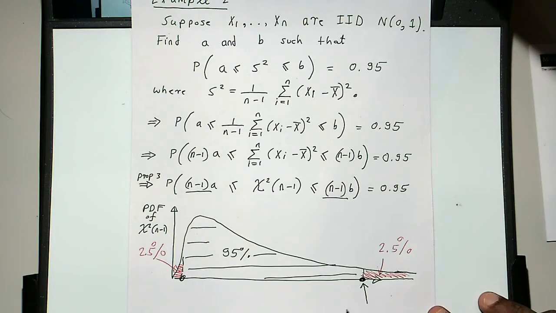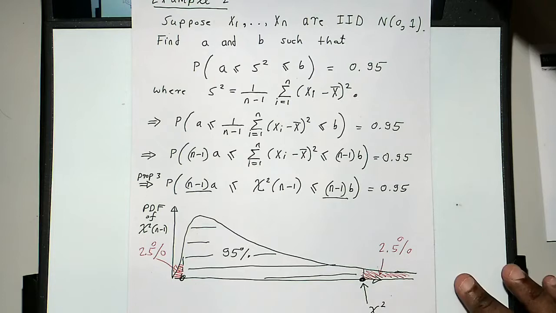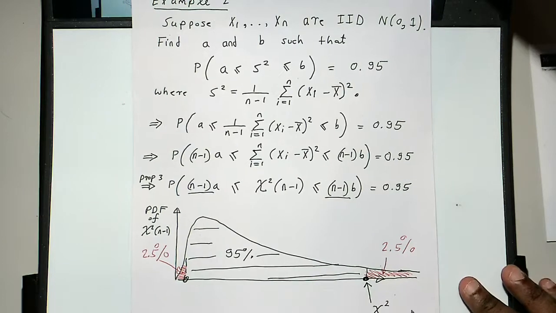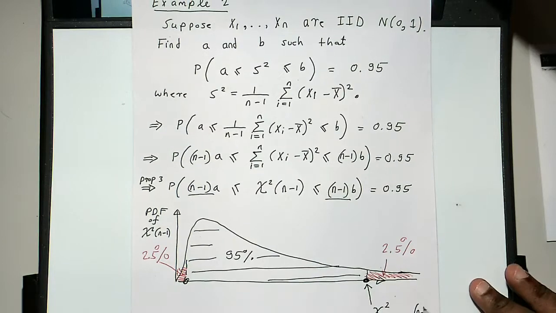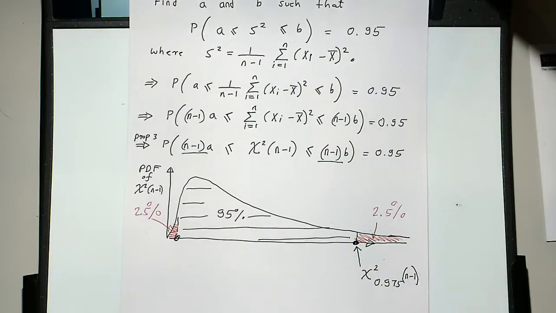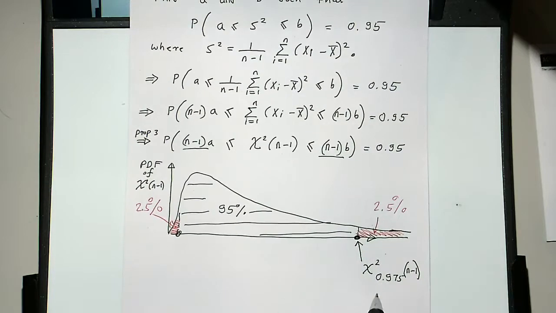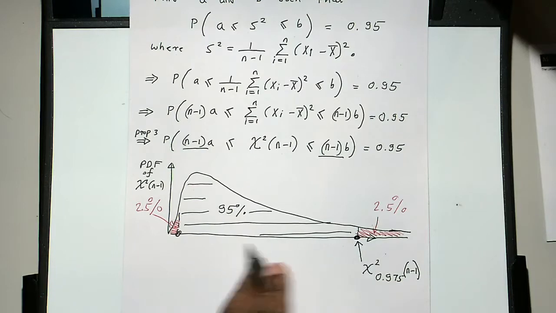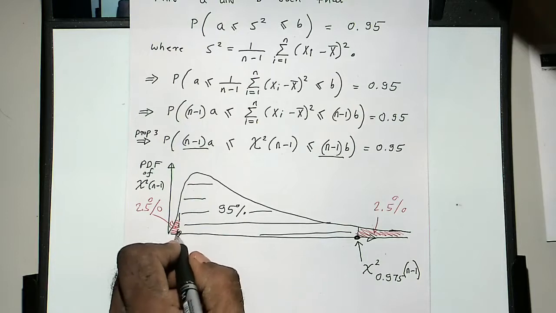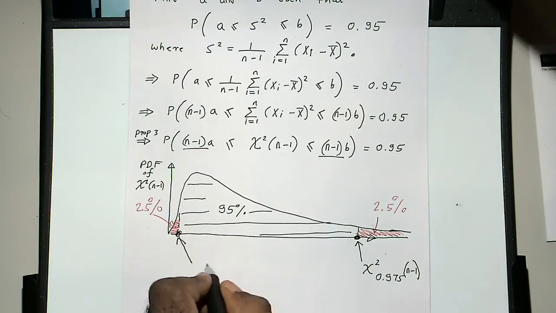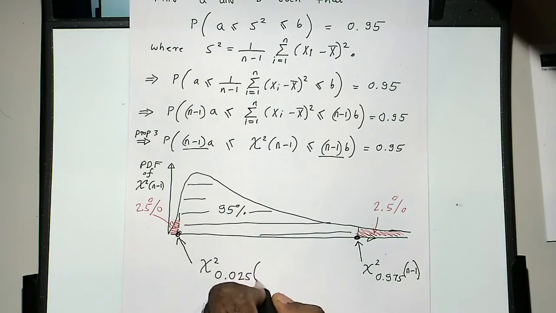So this point here should be, are you with me? This point must be equal to the percentile that corresponds to the probability of 0.975 to the right. Okay? And similarly, this point here must be chi-squared 0.025, n minus 1. Do you see why?